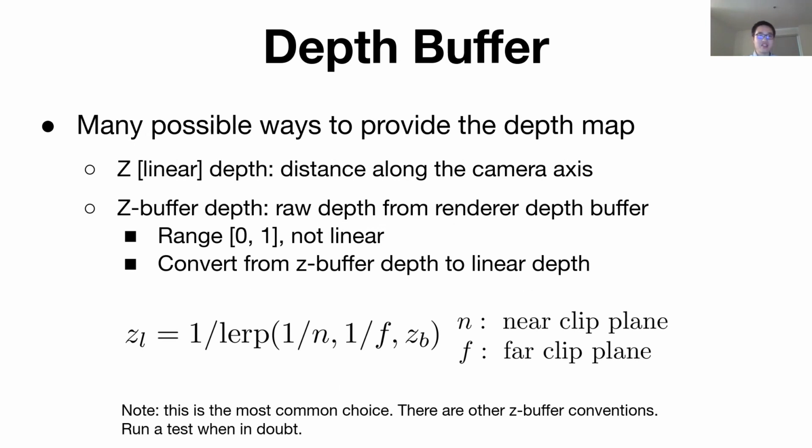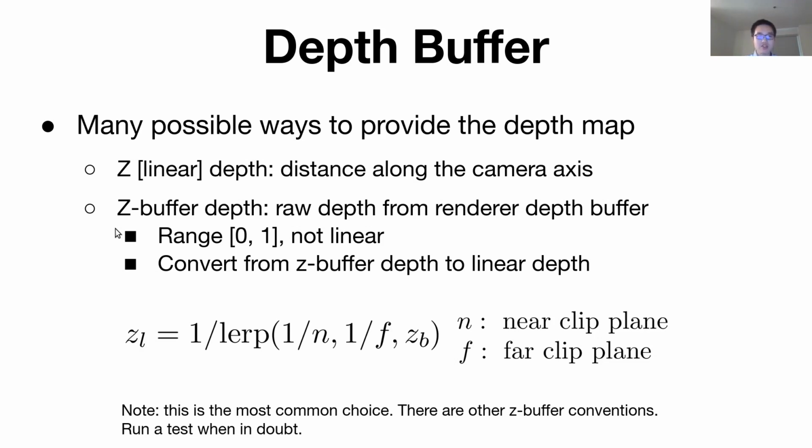And in fact, for the z-depths, there are also different representations. For example, there's the z-linear depths and the z-buffer depths. The z-linear depths refers to the distance along the camera axis, as we have talked about before. However, there's also the z-buffer depths, which is the raw depths from the renderer depth buffer.